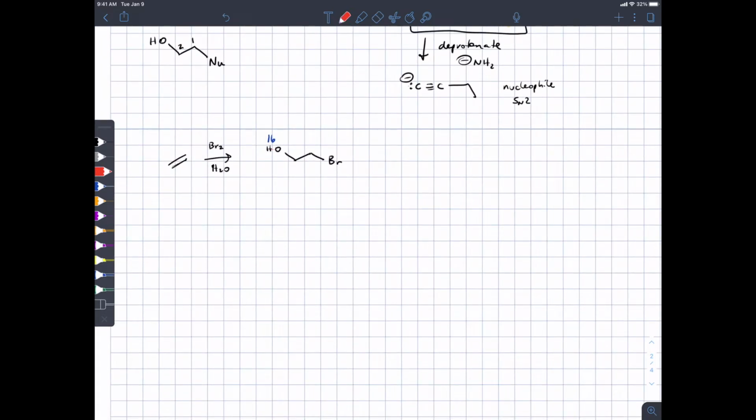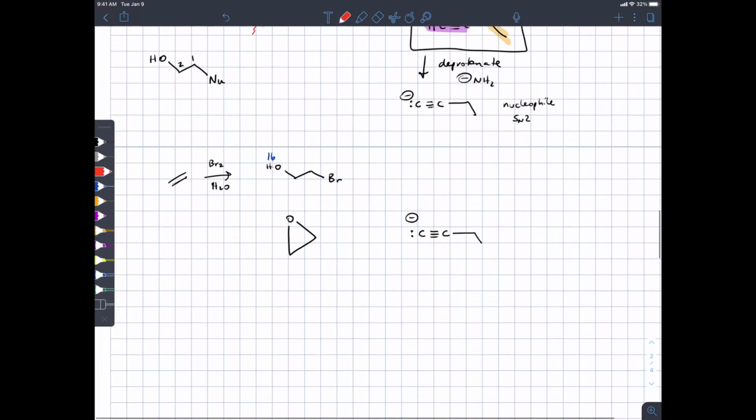because there's another reagent that has similar consequences, and that is an epoxide. We talked about this in, I think, chapter 9 when we talked about epoxides and how if you see the pattern of an OH group and a nucleophile on adjacent carbons, you could have gotten that by opening up an epoxide.